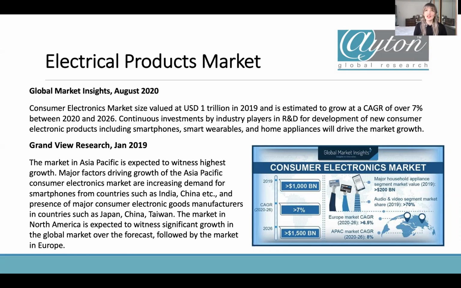Asia Pacific is set to have the highest growth, obviously where there's higher income coming into those countries, but also you think about Japan, China, and Taiwan, that's where most of these products are made. They've got huge factories for making consumer electronics, huge R&D facilities. So that's where you see a lot of it, but there's also a huge demand for things like smartphones in places like India.